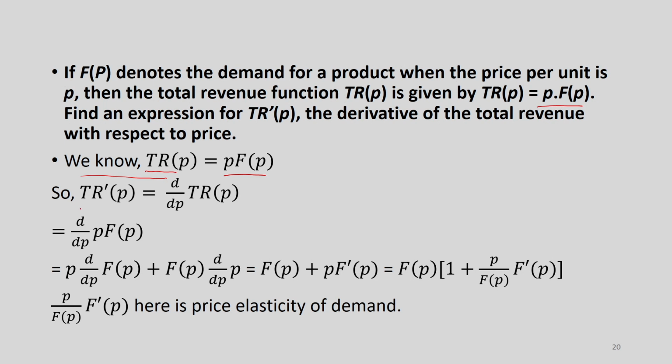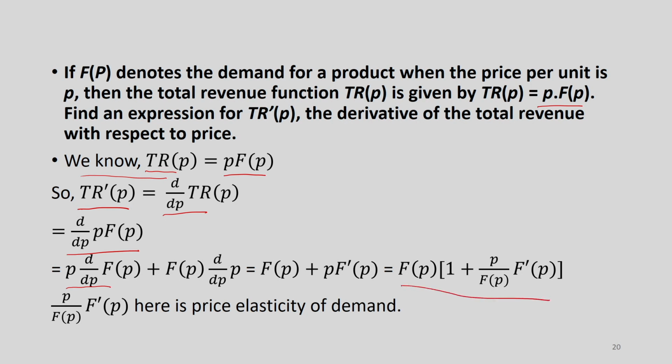Then we took the first derivative of total revenue with respect to price, and this is what we get, d/dp of p multiplied by F(p), and then we use the product rule of differentiation in the next step, okay, and then we get p multiplied by d/dp of F(p) plus F(p) multiplied by dp/dp, and that with some manipulation gives us this expression.